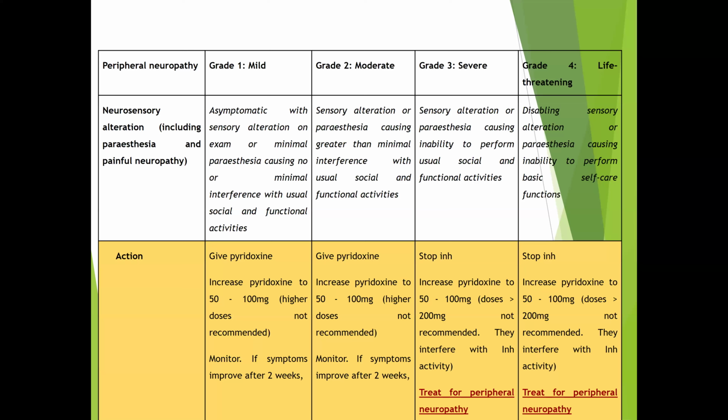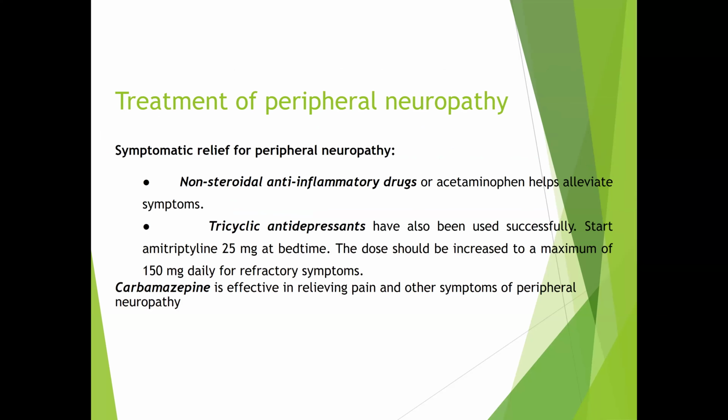The same applies to the life-threatening form. For the severe forms that require treatment, you give nonsteroidal anti-inflammatory drugs, then tricyclic antidepressants. Carbamazepine is also effective in pain management for peripheral neuropathy.